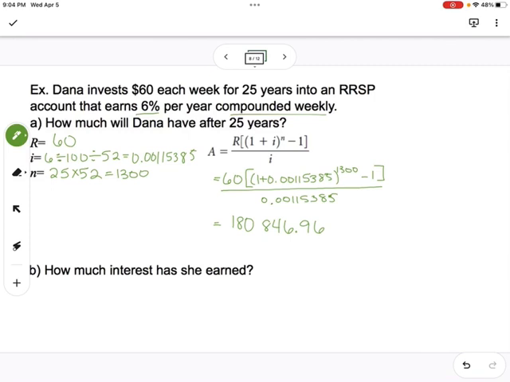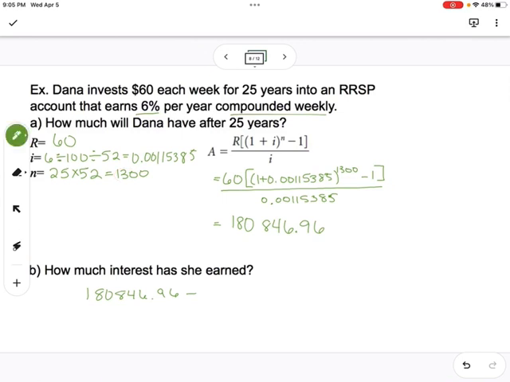Okay. So before we figured out our interest by just adding them all up in the chart, here we don't have that. So the way we're going to calculate this is we're going to have our future value, our total amount, the 180,846.96. From that, we're going to subtract the amount that Dana has invested. So that's going to be the $60 a week, and the number of payments that are being made is the 1,300.